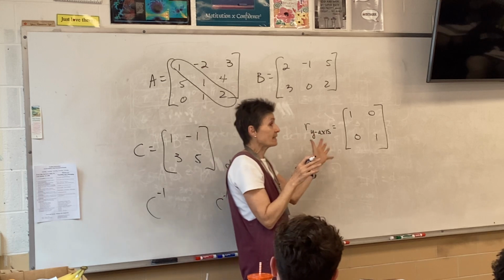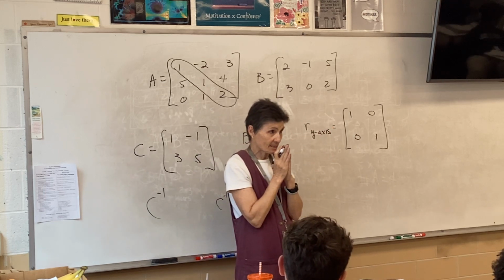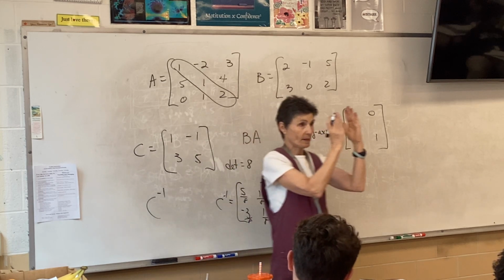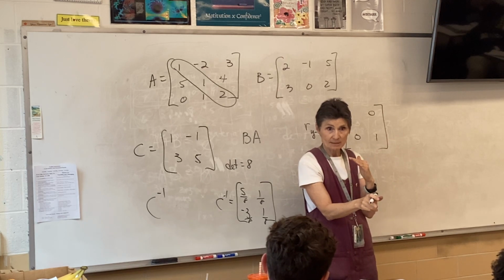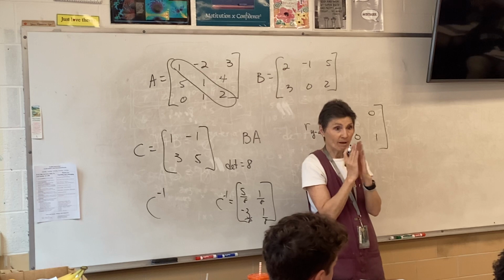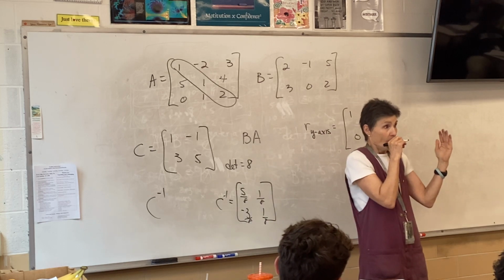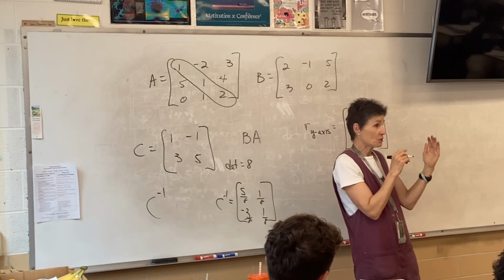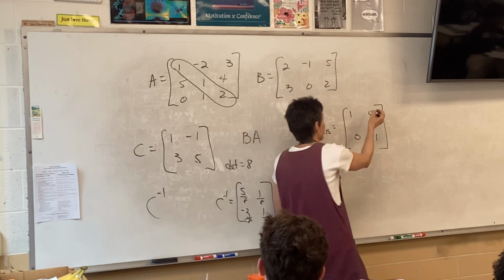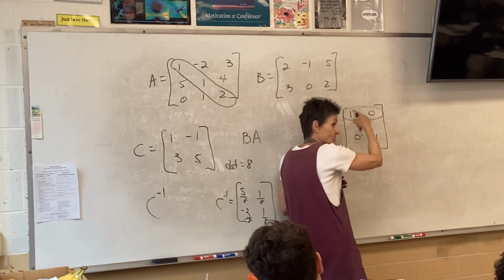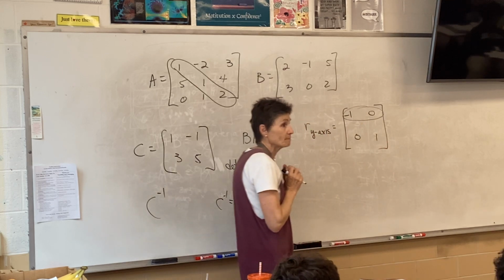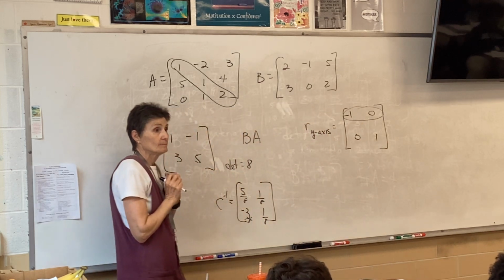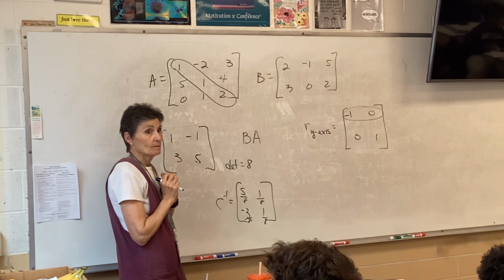And if you're reflecting across the y-axis, what are you doing? Changing the sign on x, right? If you're going across the y-axis, and if you want to change the sign on x, then these are the x's right here. That's I. So would that be your matrix? Right?